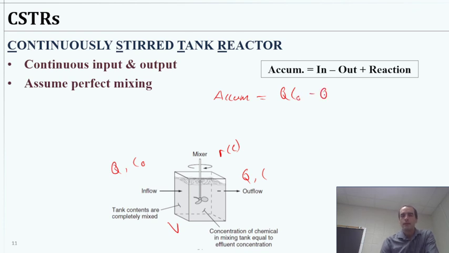That's the input minus the output, Q C, plus whatever reaction term is happening in that volume. And instead of accumulation, I'll just write the V dC/dt. Right, so that makes sense.